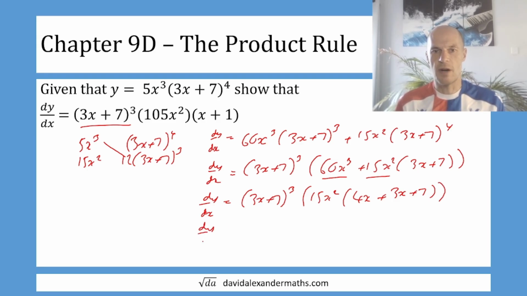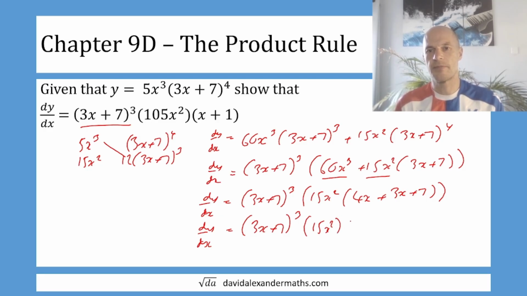So therefore dy by dx is 3x plus 7 cubed, 15x squared, and this is 7x plus 7, and we can factorise that into 7 lots of x plus 1. I'm running out of space here, so that's 7 lots of x plus 1.